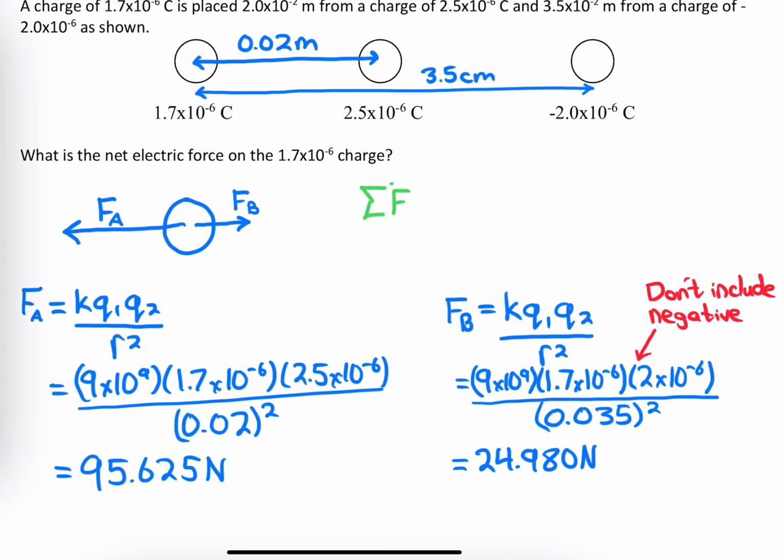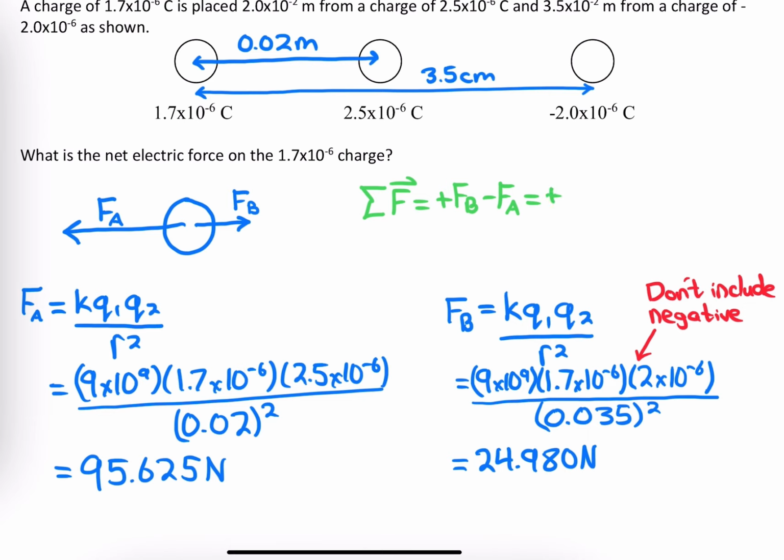The net force, this formula does have a vector hat in it, meaning I am going to use positive and negatives here, as the formula will not only tell me the magnitude, this formula is capable of telling me the direction. This formula is not capable of telling me directions. This formula is. So FB is in the positive direction. FA is in the negative direction.